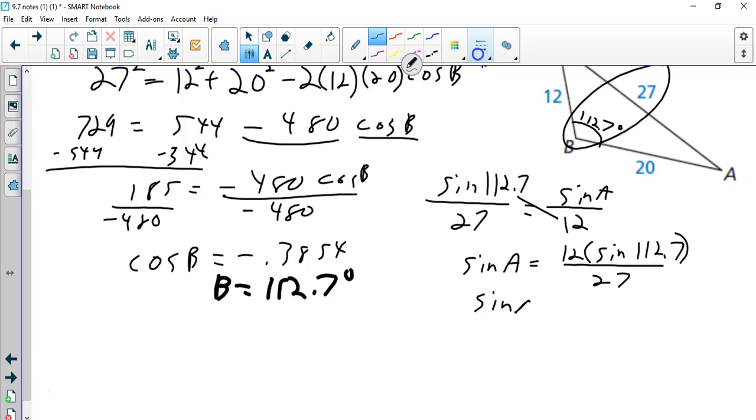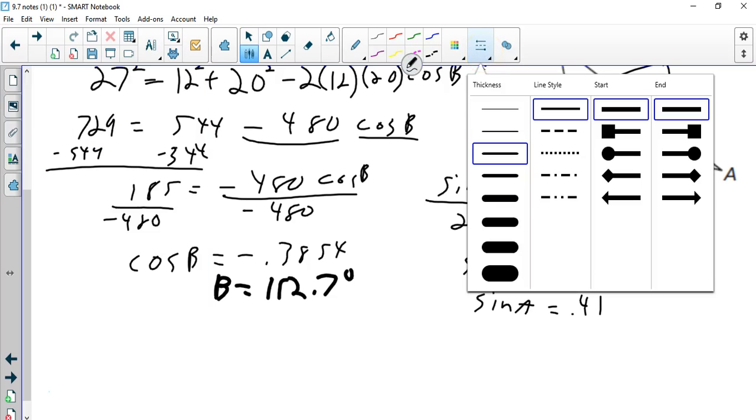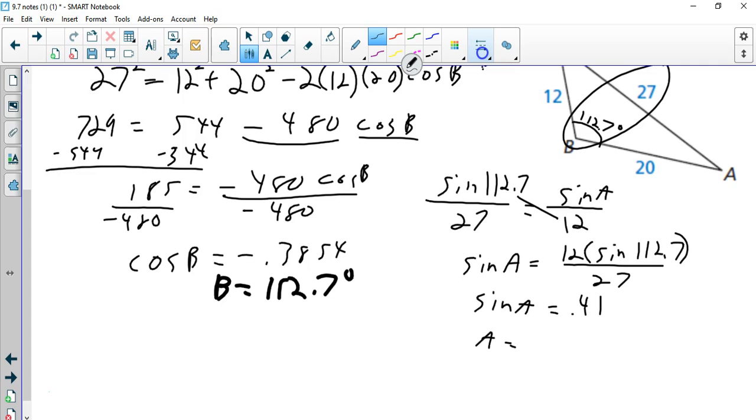So sine of A equals 0.4100, doesn't really matter. Take my calculator again and do the inverse sine of 0.41. That gives me 24.2 for an angle. So A is 24.2 degrees, right here.